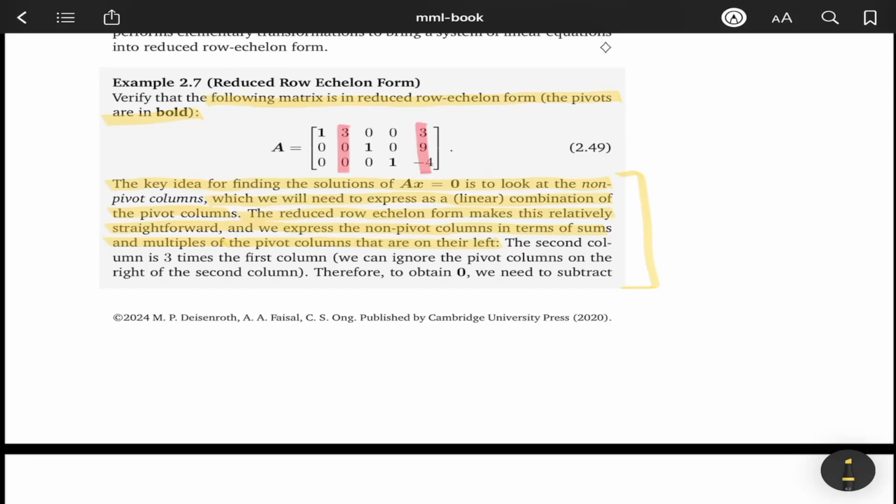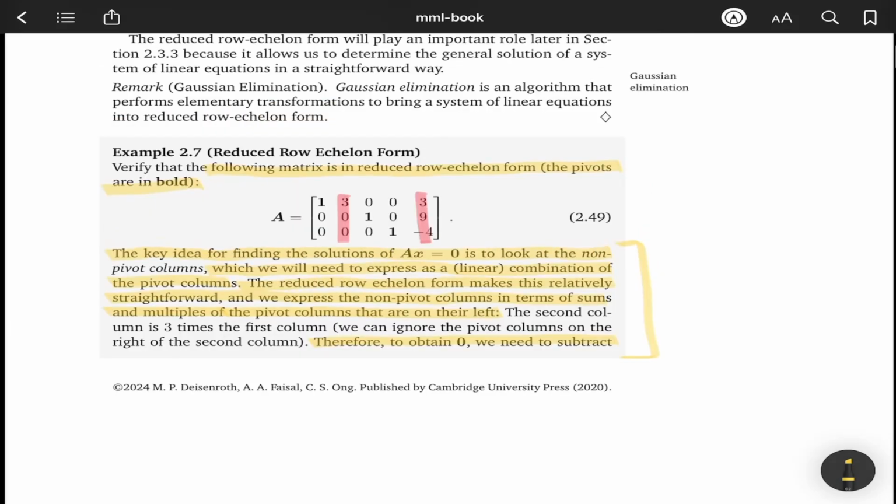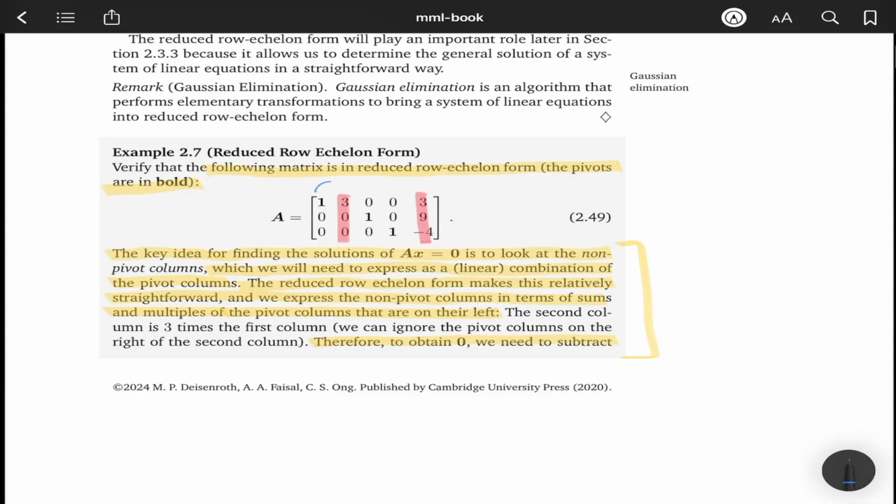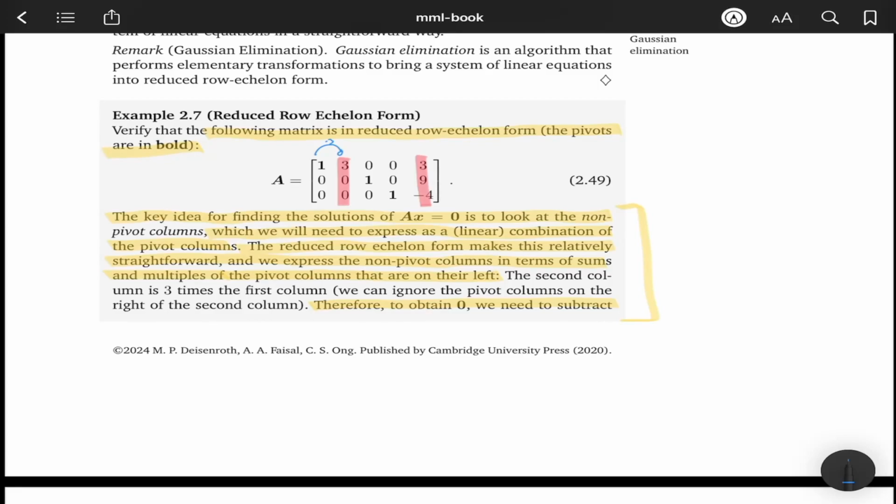The second column is 3 times the first column. Yes. We can ignore the pivot columns to the right of the second column. Therefore, we obtain 0. Okay. I can say that I do a times 3, then we have the second column, right? Do we need to do a linear combination of the other ones too?